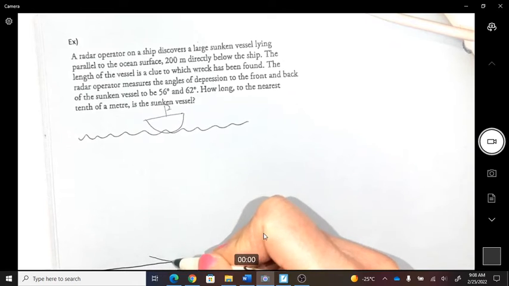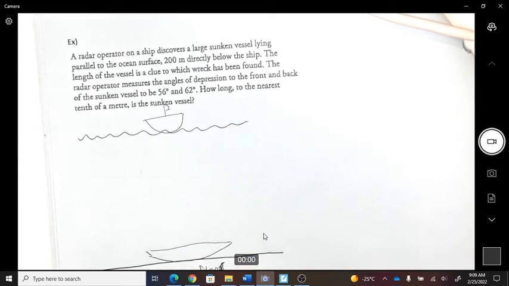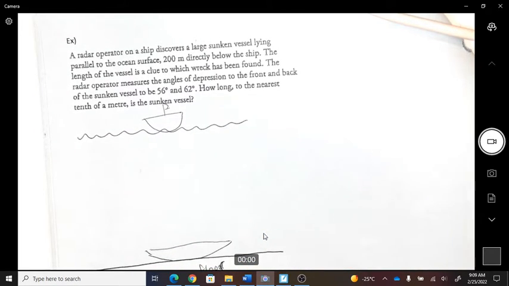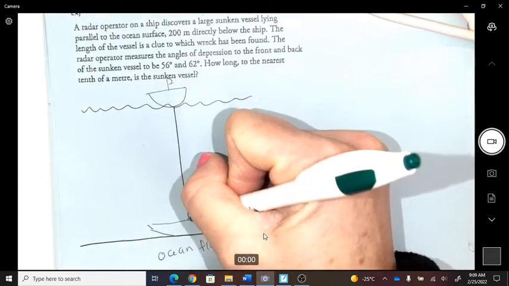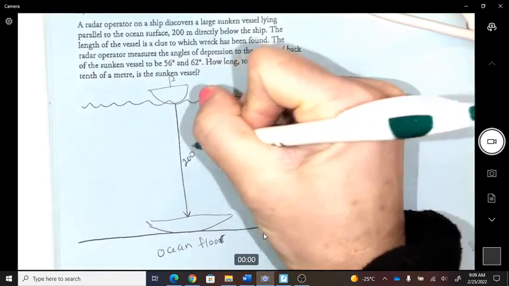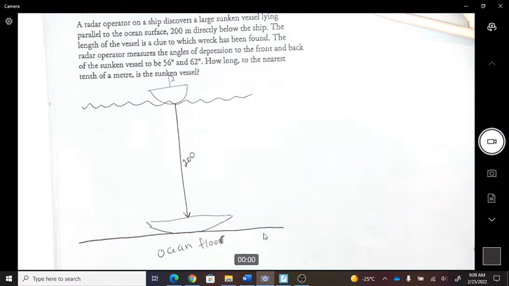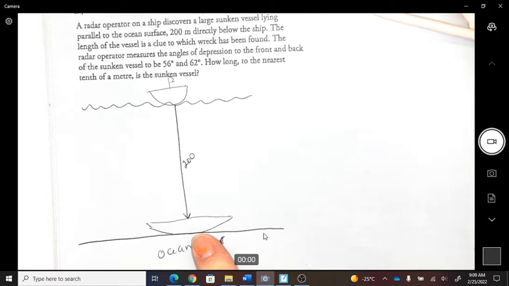And they discover that there's some kind of ship below here on the floor of the ocean. And it says it's 200 meters below. They want to understand the length of the vessel down here. They measure the angle of depression to the front and the back.